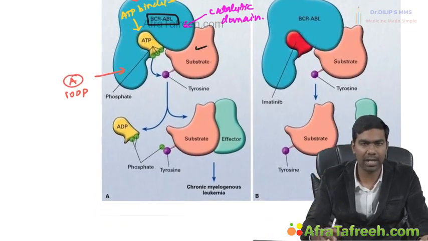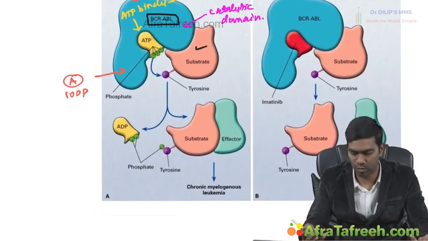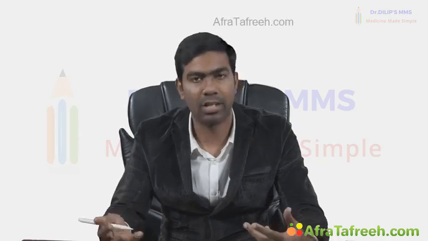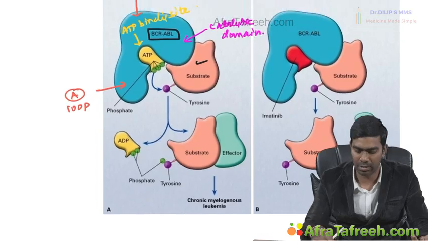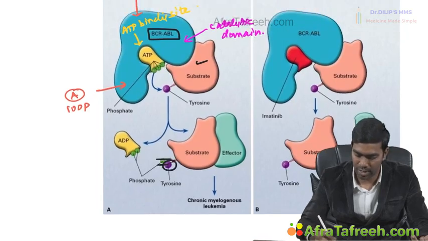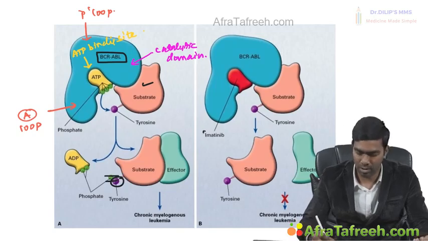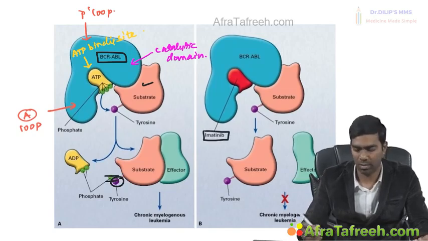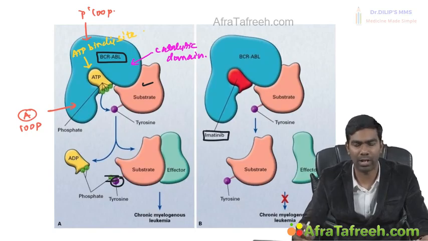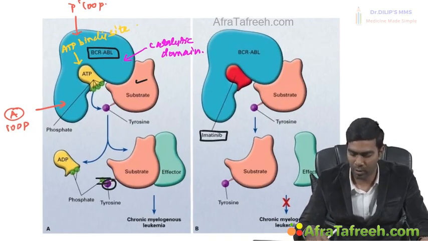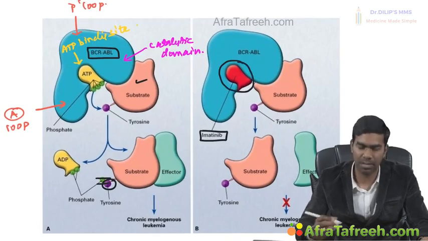You can see, it's a kinase, so obviously it's going to phosphorylate this substrate. Once it binds with the ATP, because the kinase has to work with the ATP, it phosphorylates the tyrosine residues of this particular substrate. So that's why it's a tyrosine kinase. So what your drug is going to do is, imatinib, or any other tyrosine kinase inhibitor for that matter, they are going to bind with this ATP binding site.